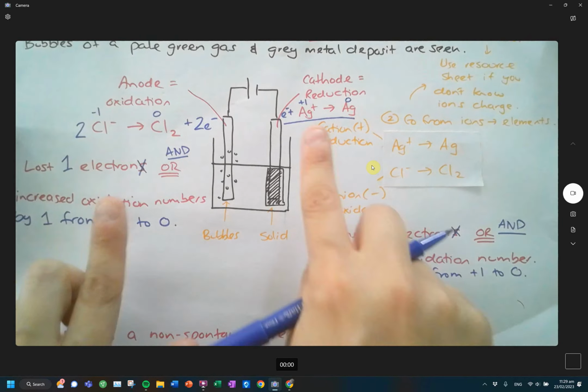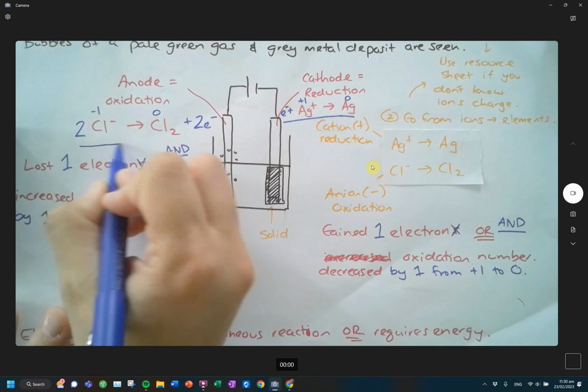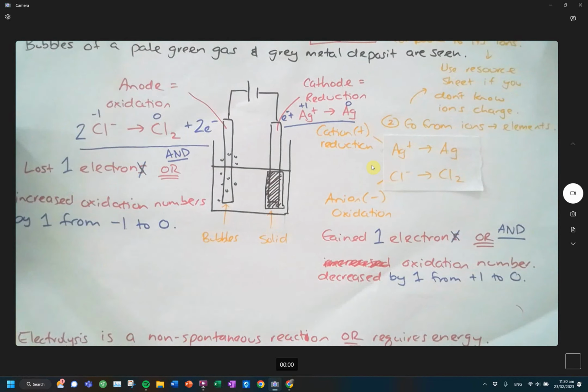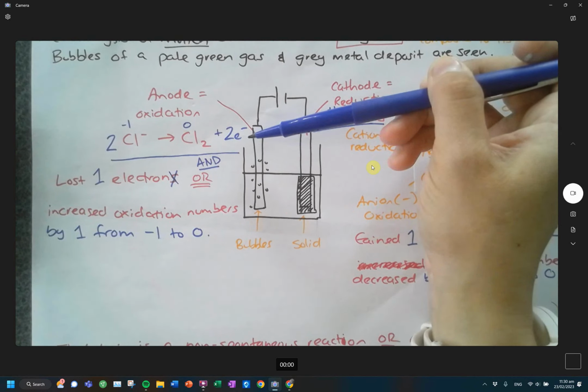So we should always double-check that our electrons are on opposite sides when we compare these 2 equations. It's a good way to check yourself. Do I have my electrons on the opposite sides? If they're on the same side, something's going wrong. Now some of you might be wondering, why did I write lost 1 electron when there's 2 electrons in the equation?